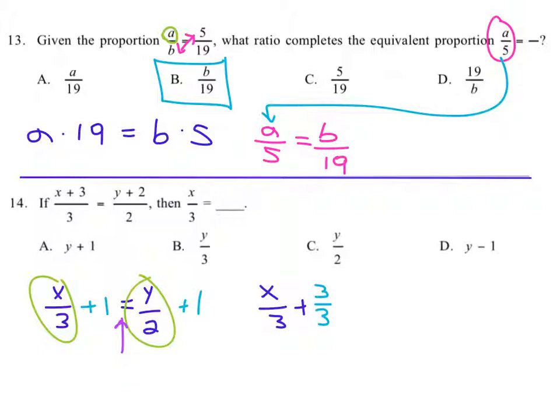Let's do that same thing to the other side. On the other side, we had y over 2 plus 1. So what could we add that had a 2 on the bottom that was equal to 1? Well, 2 on the top and 2 on the bottom equals 1. Let me change the color so you can see what we're matching up.